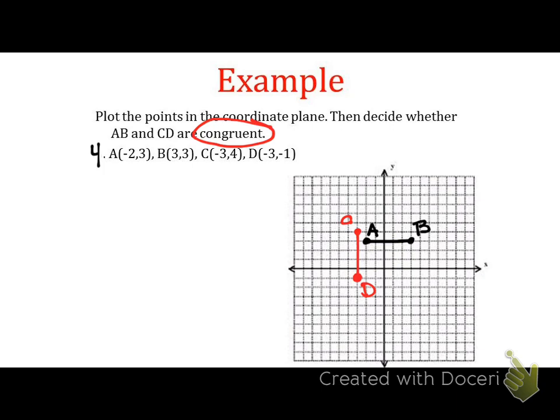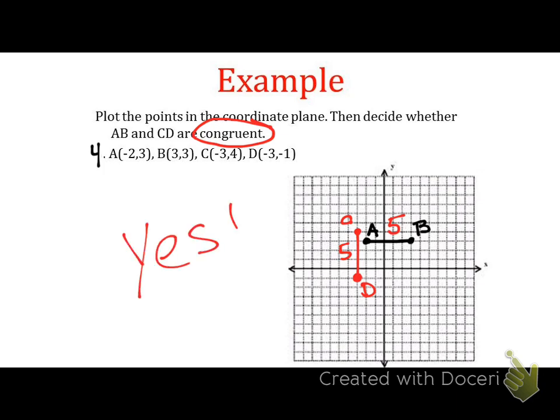These are 5 apart. Now count here. 1, 2, 3, 4, 5. What? I lost count. Hold on. 1, 2, 3, 4. It is 5, right? So are these congruent? Yes.